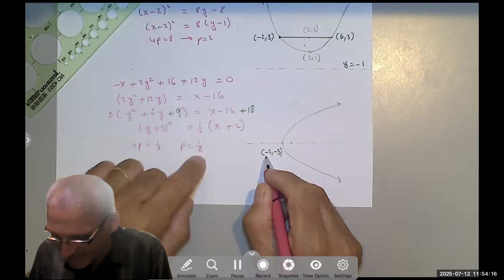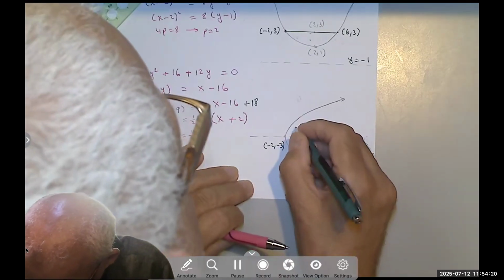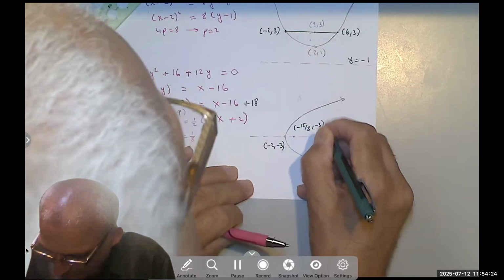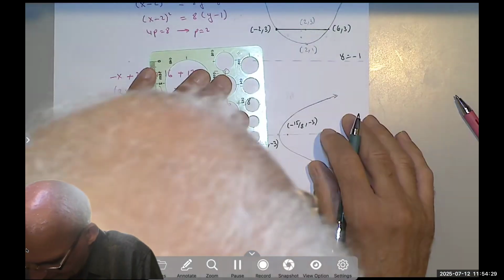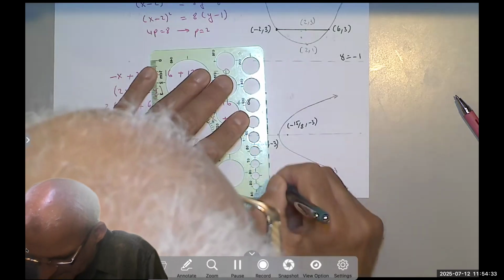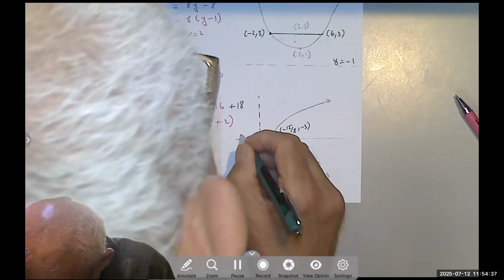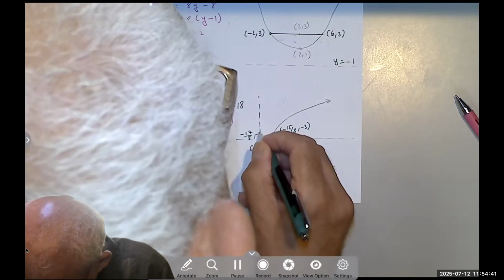So if you add 1/8 to it, it becomes negative 15/8 and -3. And the directrix would be at negative 17/8 and negative 3.